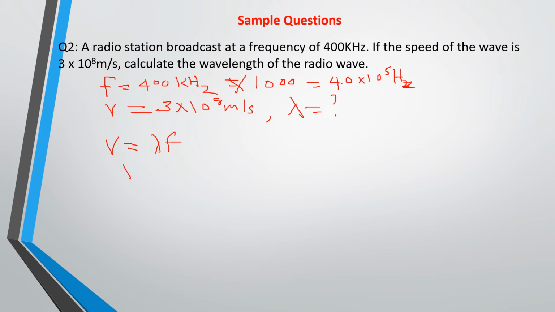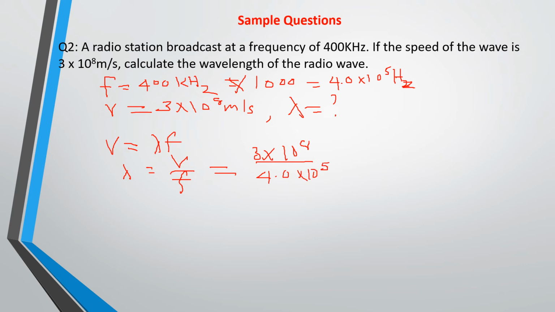So lambda will be equal to V over f. Just substitute this information into the equation: V is 3 times 10 raised to power 8 all over f, which is 4.0 times 10 raised to power 5.